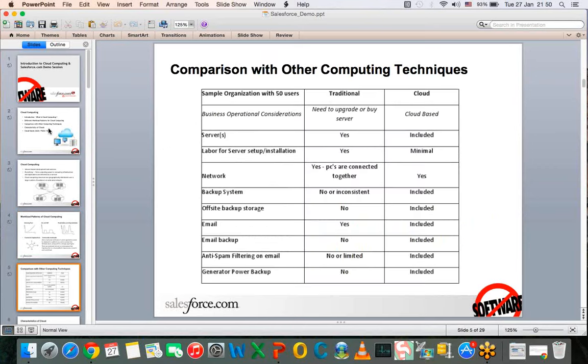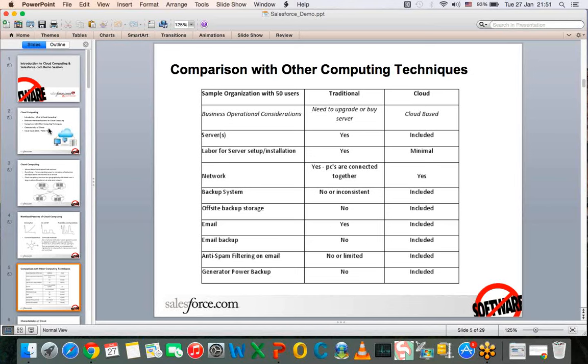So when compared to other computing techniques, take any organization with 50 users, and just have a simple comparison over here: what happens in traditional computing and what happens in the basic cloud technique. For business operational considerations, in traditional computing they have to buy or upgrade new servers.